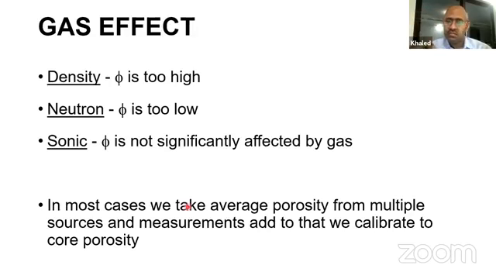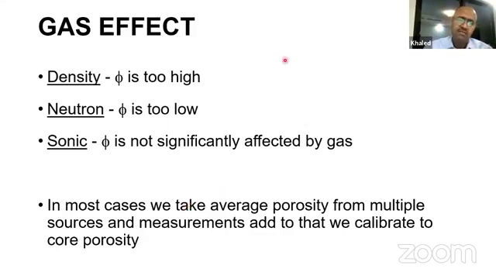The neutron, if you remember what we said yesterday, we are measuring how much hydrogen we have in the rock. The gas has less hydrogen in it compared to water. That's why the neutron reading will be very, very low. And if you don't know about it, you think you have a very tight reservoir. So the neutron will become very low, the density becomes very high. The beauty is if you have both of them, you can take the average and you will cancel the effect of the gas.